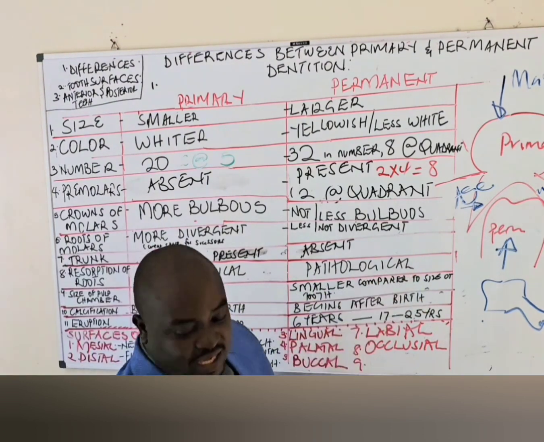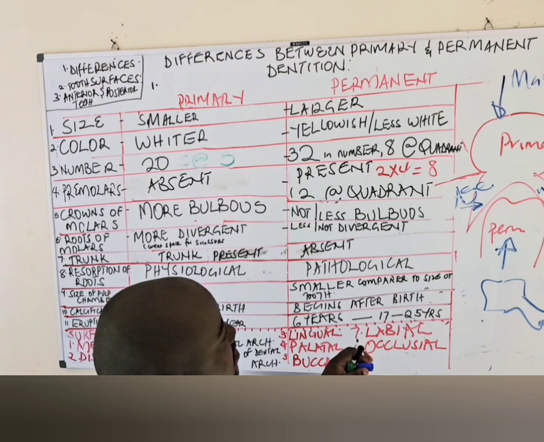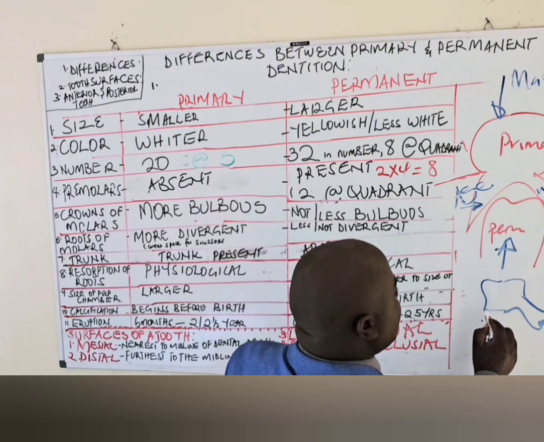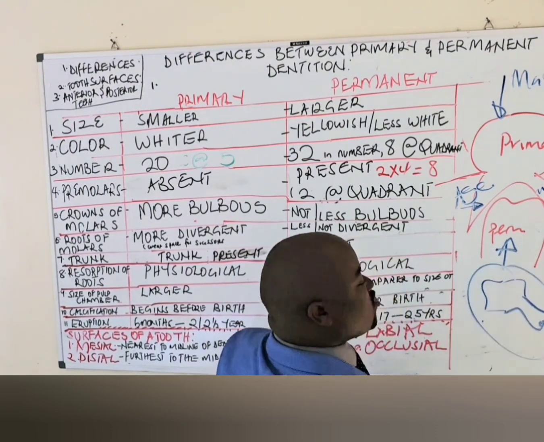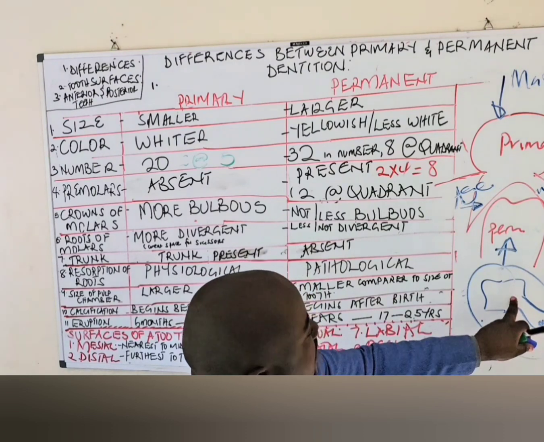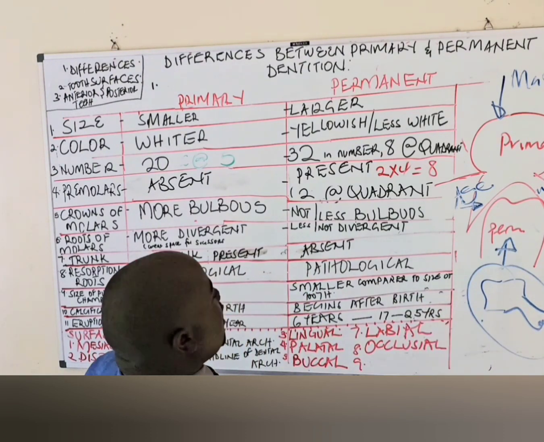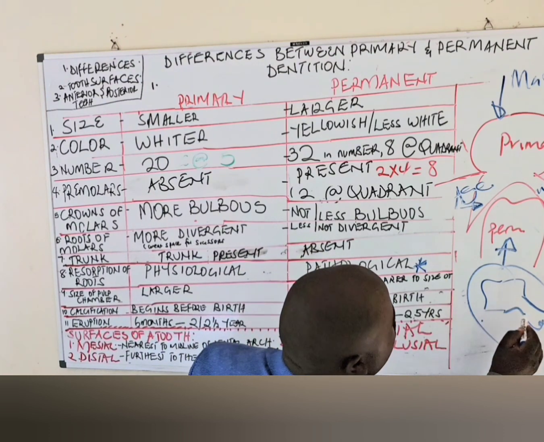It is a normal process, and that's why we call it a physiological process. Whereas, if you extract a permanent tooth and find it having such, this is a pathological process. You do not expect a permanent tooth to have no roots.